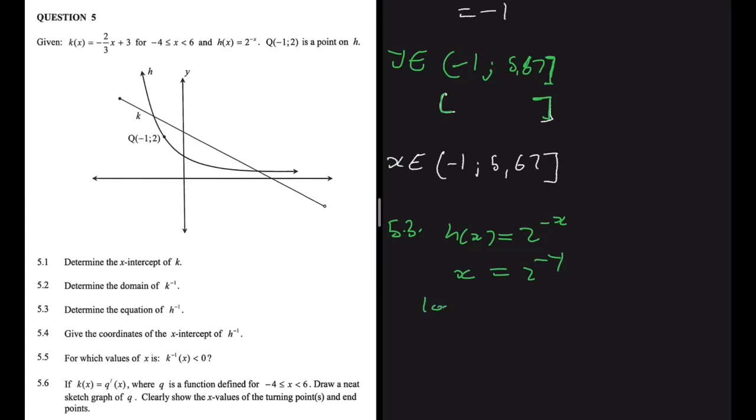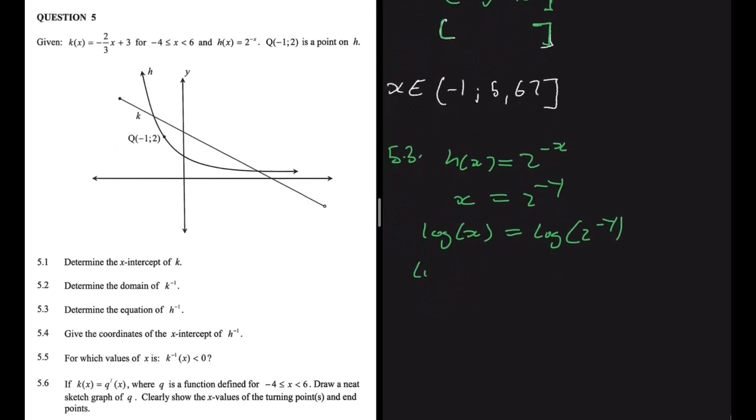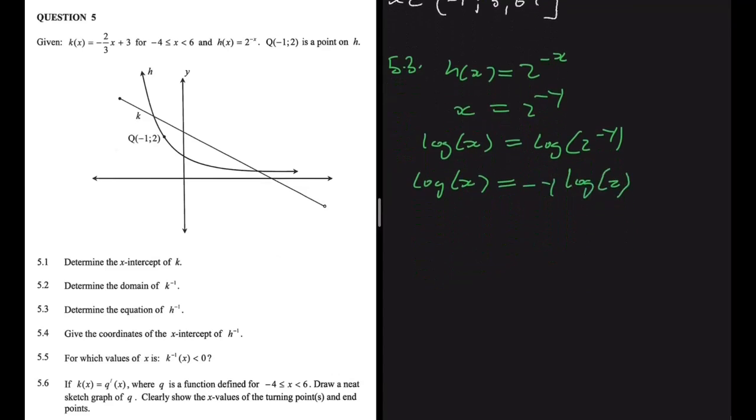We introduce log to both sides so that we can bring it down, right? So we're going to have log of 2 to the minus y. So we have log of x being equal to minus y log of 2, right? If we divide both sides by minus log of 2, we're going to get y is equal to log of x divided by minus log of 2.